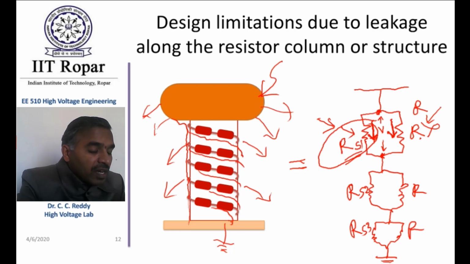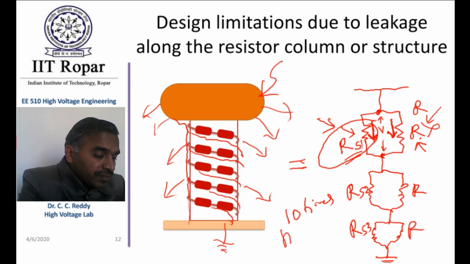That is why the current through the divider must always be more than the surface leakage current. In fact, in all practical cases, it should be around 10 times the leakage current. Otherwise, the basic function of the divider itself will be in question.